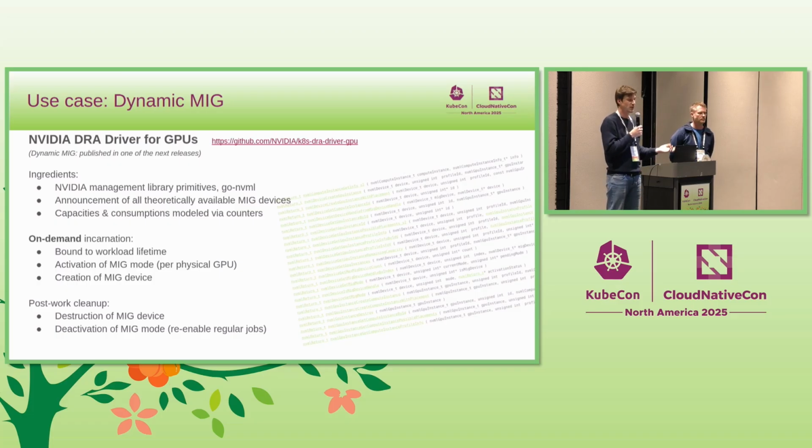If that was the last job on the physical GPU using a MIG device, we also deactivate MIG mode again, to make the physical GPU available for regular full GPU non-MIG jobs. That's the goal, and that's what we've built, at least as a proof of concept so far. It will potentially be in the next December release of our driver, and if not, then in the one after that.